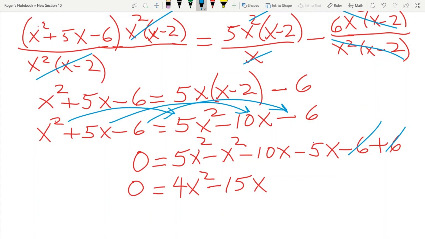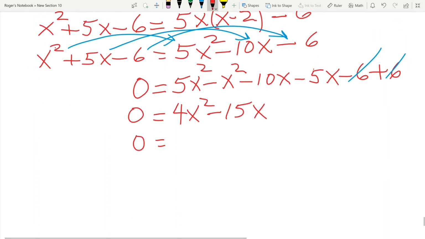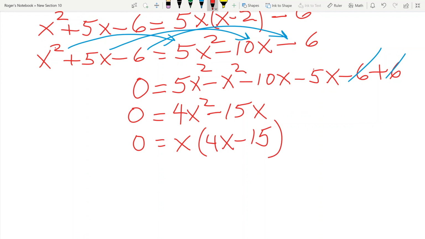Now, this is equal to 0. So let's factor out the x that we can in this last equation. Factor out x: x times 4x minus 15 equals 0. So what are the possibilities for x?